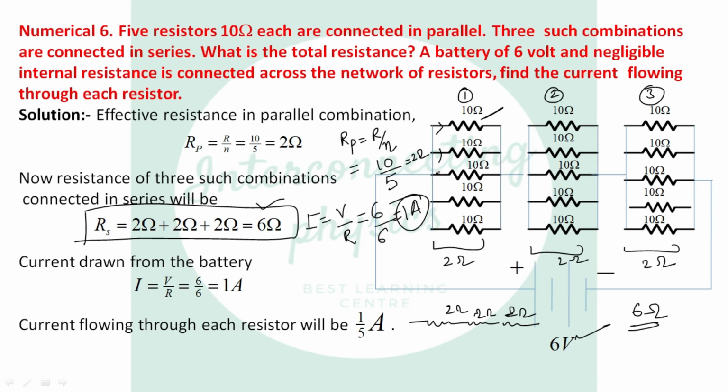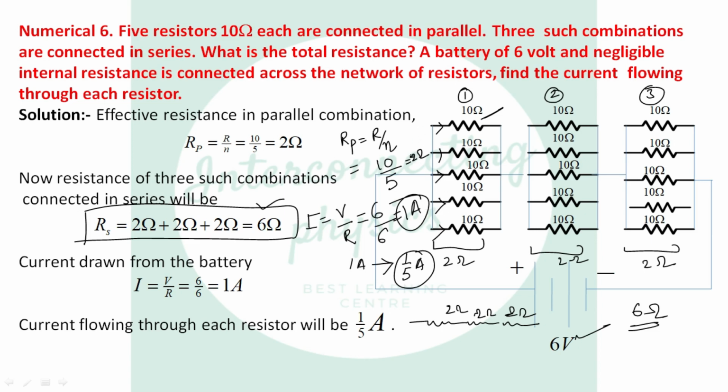So in the parallel combination, current will be divided into 5 portions, because all the resistances have the same value, 10 ohm each. That means 1 ampere will be divided among the parallel resistors, 1 by 5 ampere each. So 1 by 5 ampere will go to each resistor.